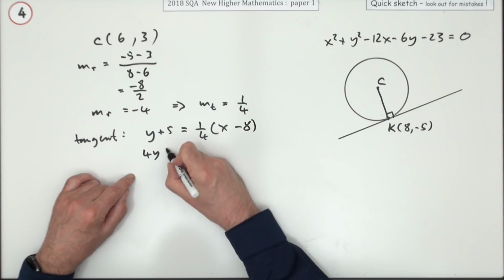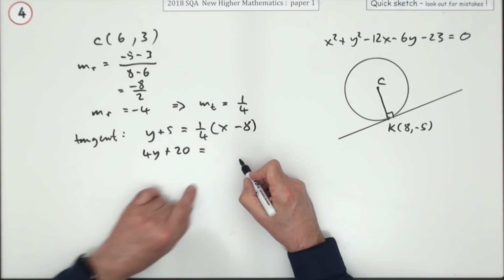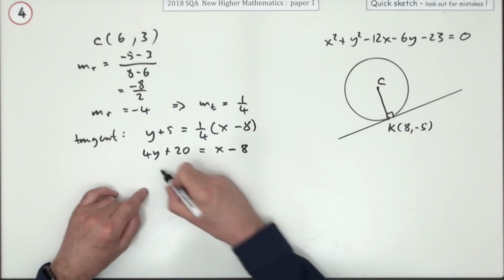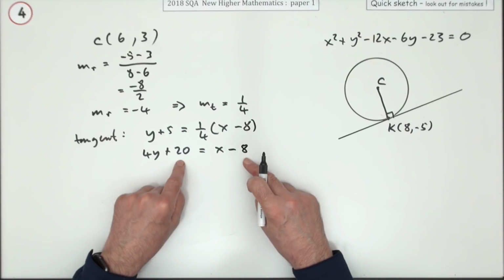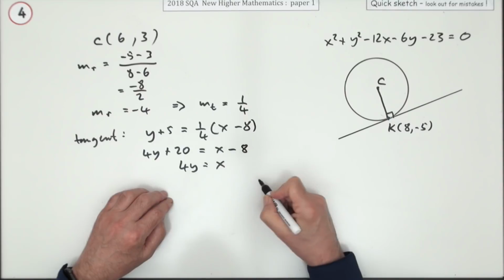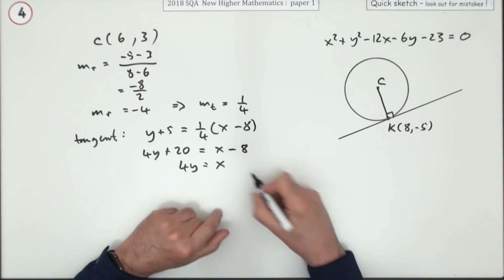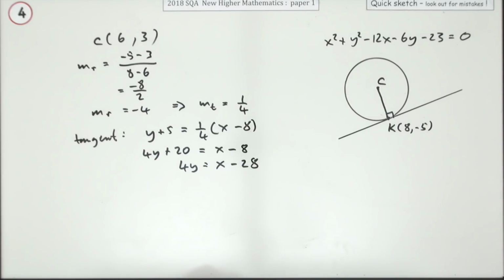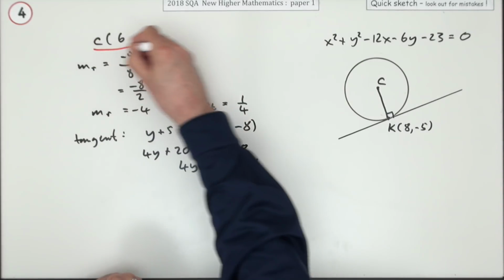This side times 4, 4y plus 20. This side just becomes x minus 8. Then any order you like, but you have to put these two numbers together. 4y equals x. That comes across as a -20, so it's -28. Alright, and that would be it.